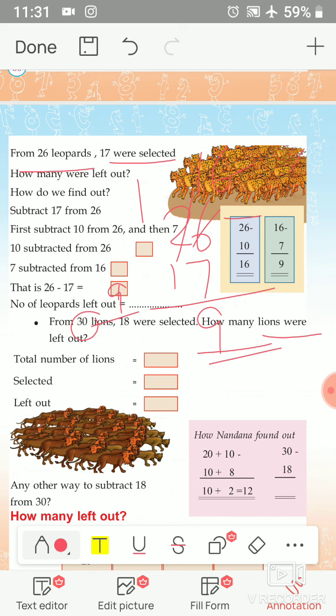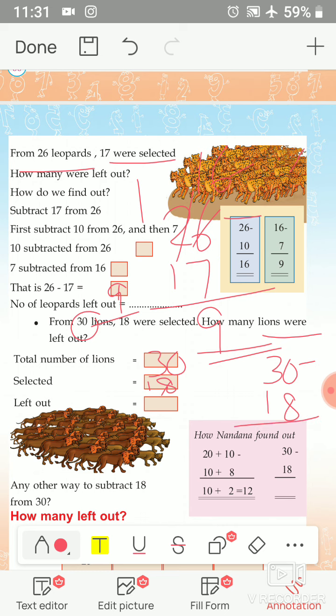Then what will we do? Yes, subtract. 30 minus 18. Total number of lions is 30, and 18 lions are selected. Then how many lions are left out? Then what will we do? 30 minus 18.